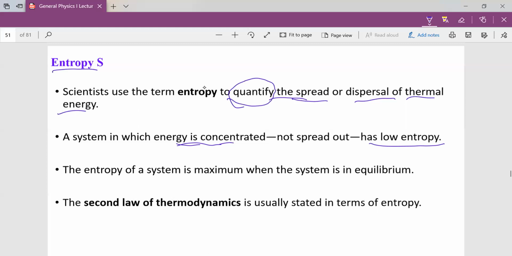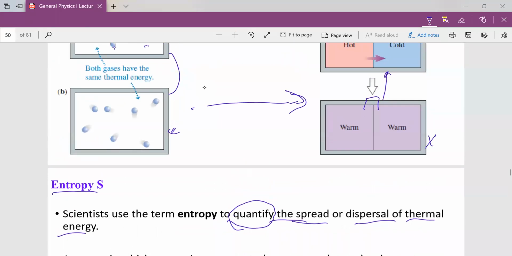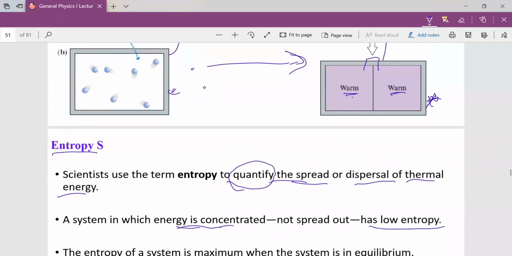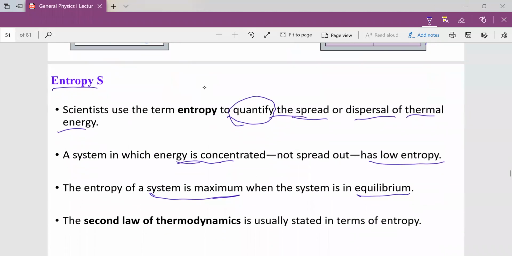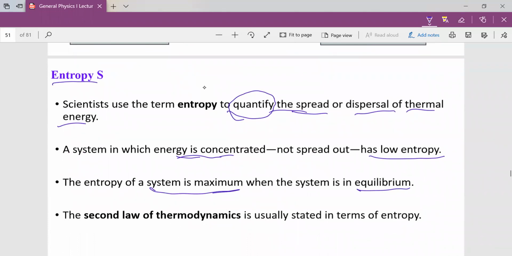Now, the entropy of a system will come to its maximum point when that system is in equilibrium, as you can see in this case. This is the maximum point where there is no longer exchange of heat or spreading. They all now have even temperature. So we say this system is at equilibrium. The entropy of that system is at its maximum.